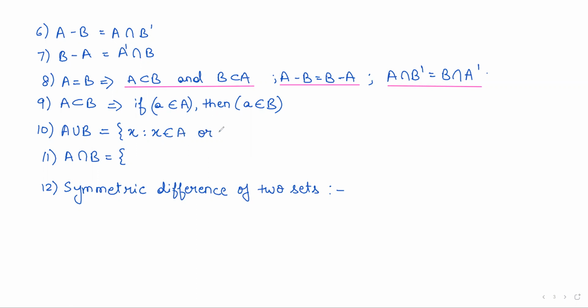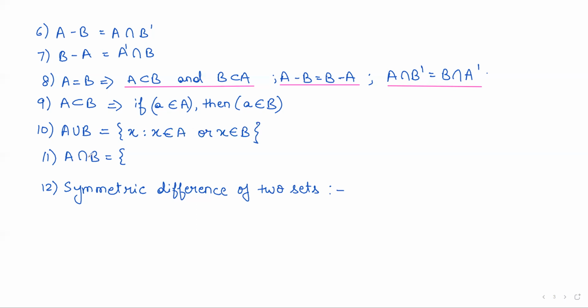That means X should belong to either of the two sets. It's okay if it belongs to both the sets as well, but it should belong to at least one of these two sets, A and B.